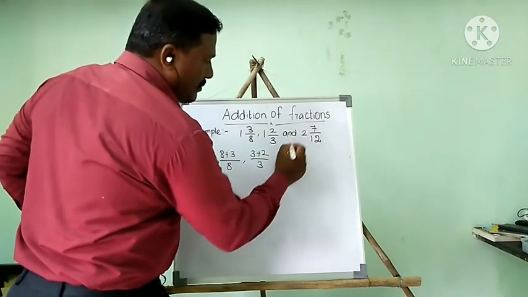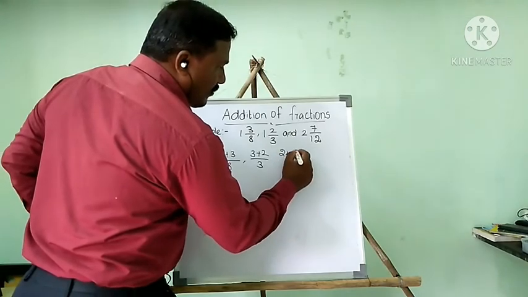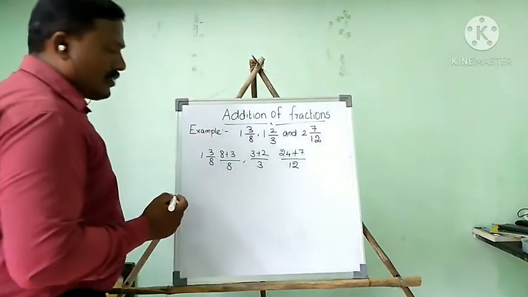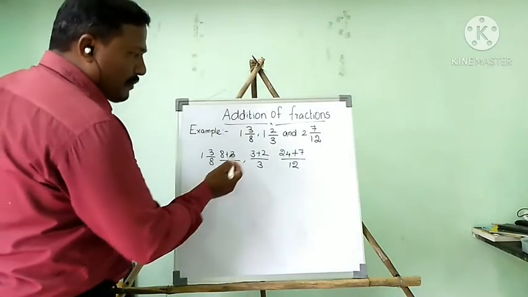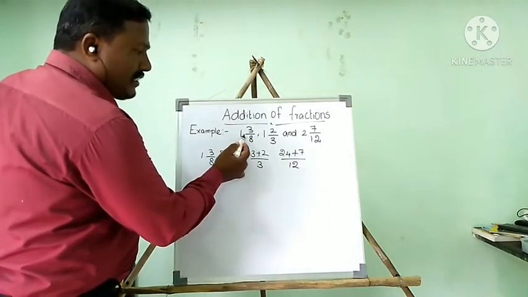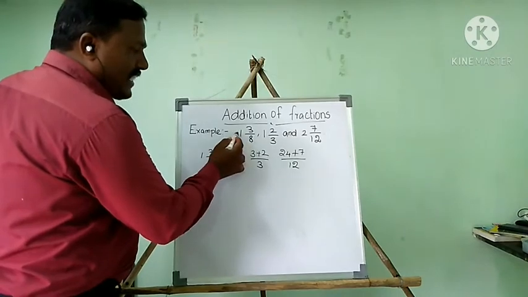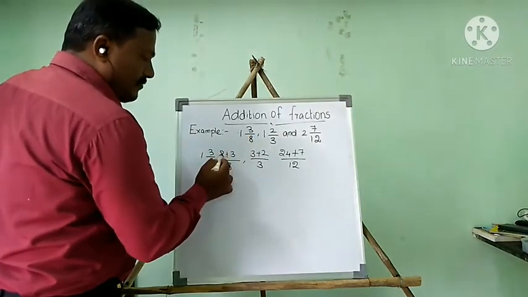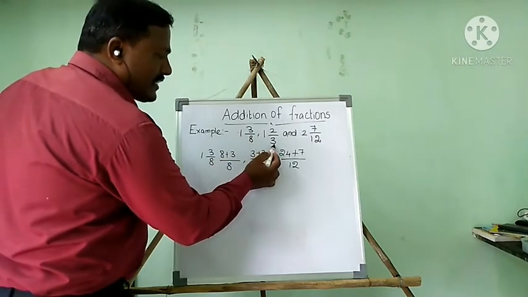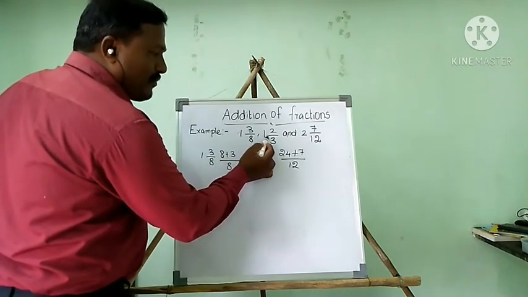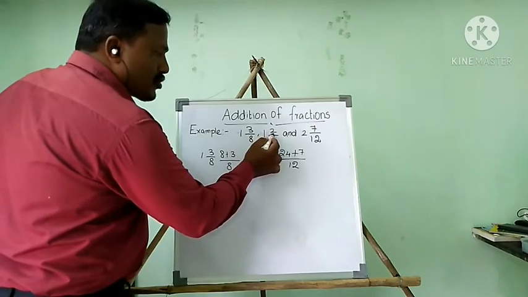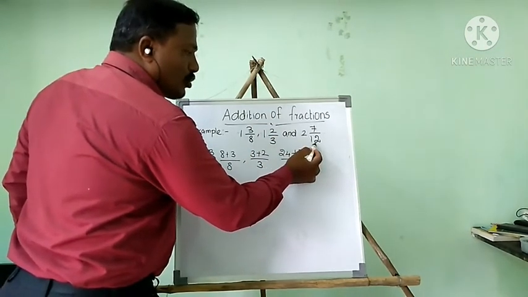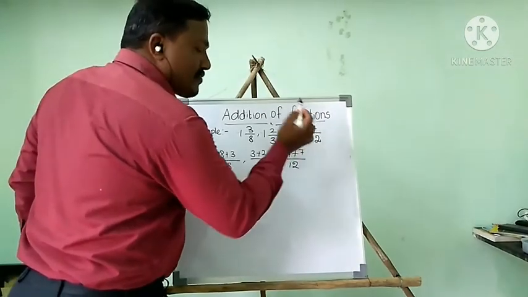Then 2 12s are 24, plus 7 by 12. Do you understand how to cross multiply? You have to take this denominator, multiply by this. So 1 8 is 8. Then after we have to add this 8 plus 3. Then you have to take this denominator 3 and multiply by the 1. So 1 3 is 3. 3 plus 2, 5. Okay. Then you have to take this denominator, multiply by this. 2 12s are 24. 24 plus 7.